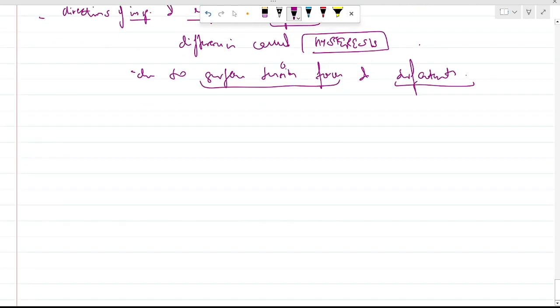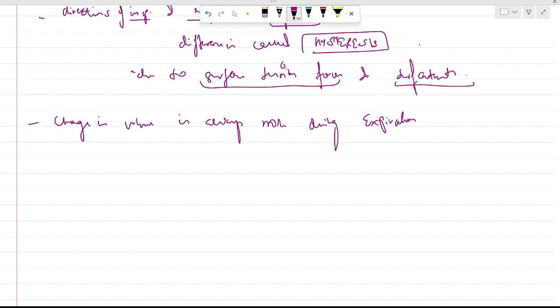Now, another fact to remember here is that change in volume is always more during expiration. So obviously compliance is higher during expiration.